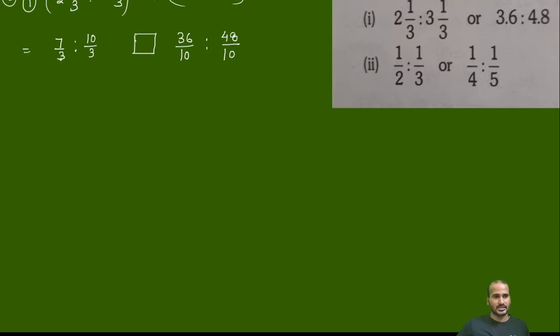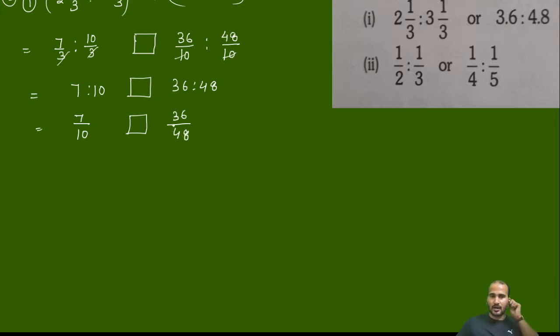So here, this is 3 and 3, and this is 10 and 10, so the denominators cancel each other. Now the ratio is 7 ratio 10, and in the bracket, 36 ratio 48. We can also write this as 7 upon 10 and 36 upon 48.